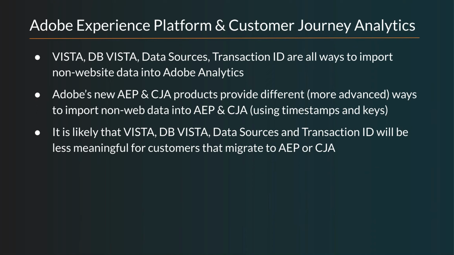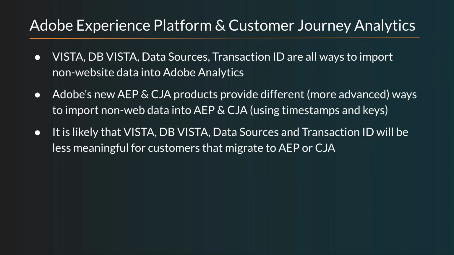And I know many of you probably aren't using AEP or CJA yet, but when you do start using that, a lot of the things we're talking about here, VISTA, DB VISTA, and data sources and transaction ID, are probably going to be less relevant because AEP and Customer Journey Analytics have a different, and in some cases a better way to use timestamps to actually see the full journey.